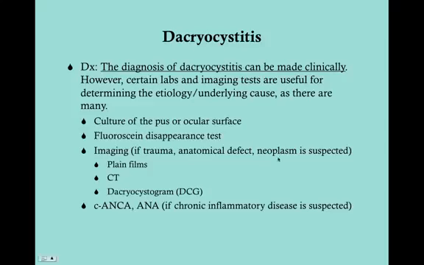When should you suspect a neoplasm? You should always suspect a neoplasm if there's any kind of blood involved. So if you have bloody tears, definitely suspect a neoplasm. And then other tests that you can get if you suspect chronic inflammatory disease. C-ANCA will help you with Wegener's granulomatosis. ANA will help you with lupus.